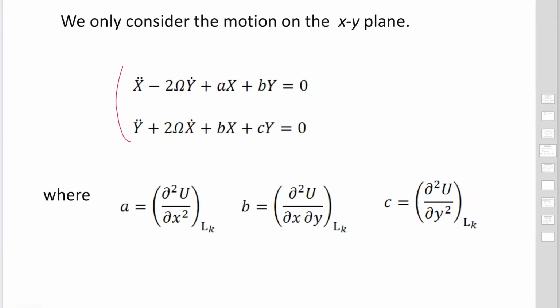We calculate the second partial derivative with respect to x, and then substitute the Lagrange point, that is A. The partial derivative of U with respect to x and y is B. And C is the second order partial derivative with respect to y, substituting the Lagrange point. Okay.